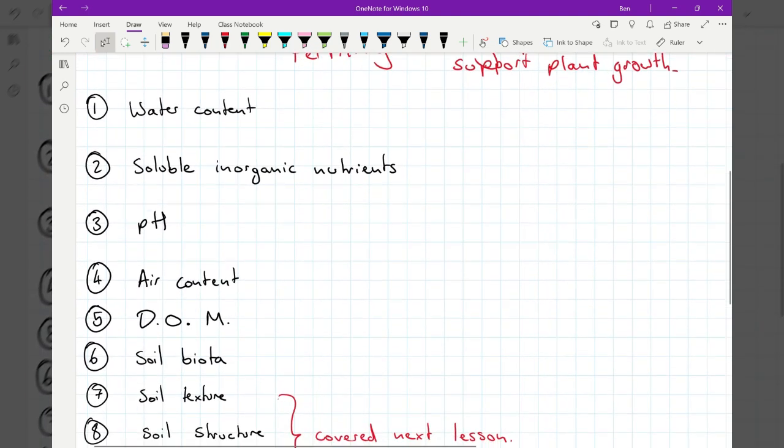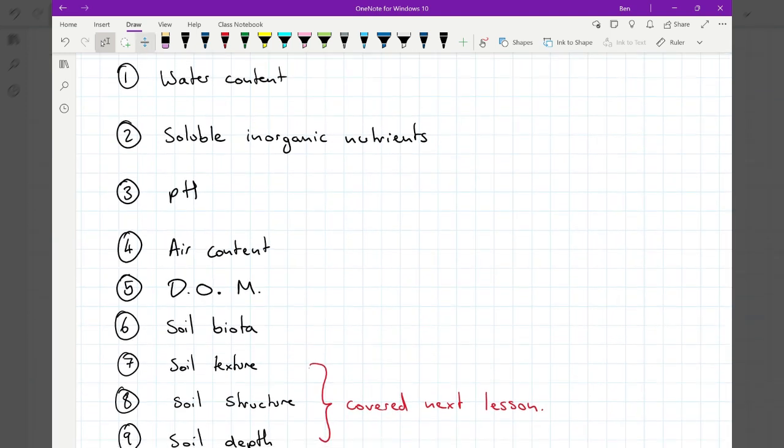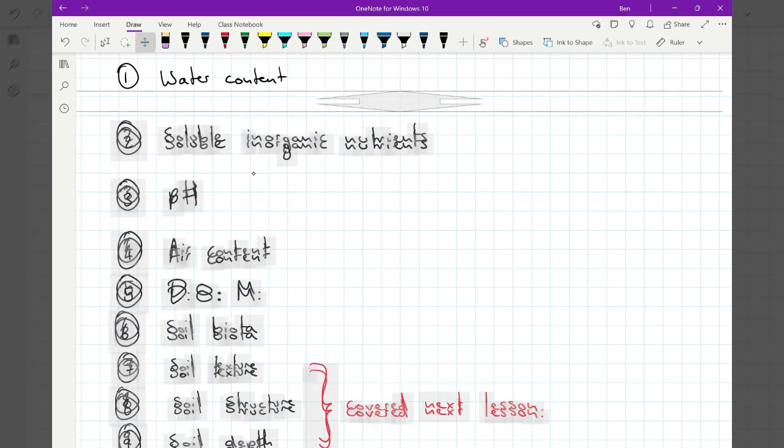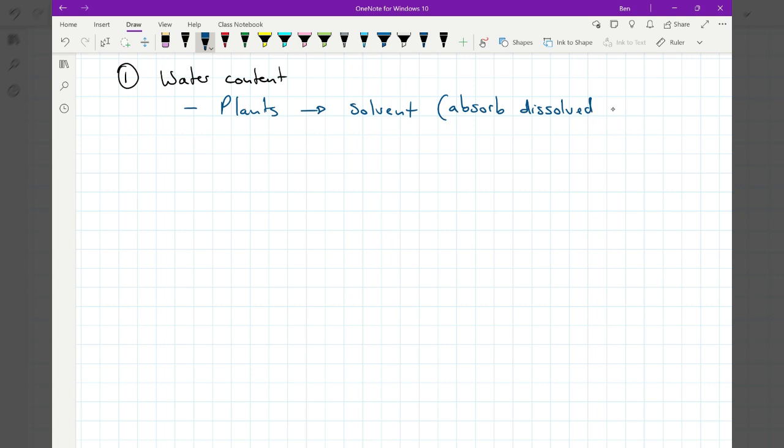Our first one is water content. Plants need water to be a solvent so that they can absorb dissolved nutrients.